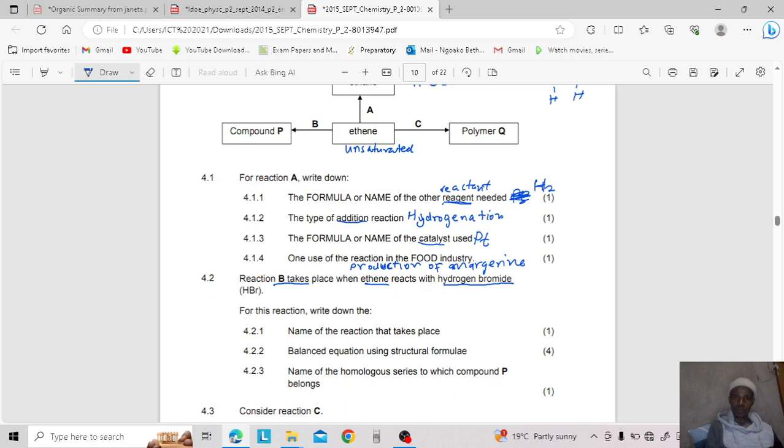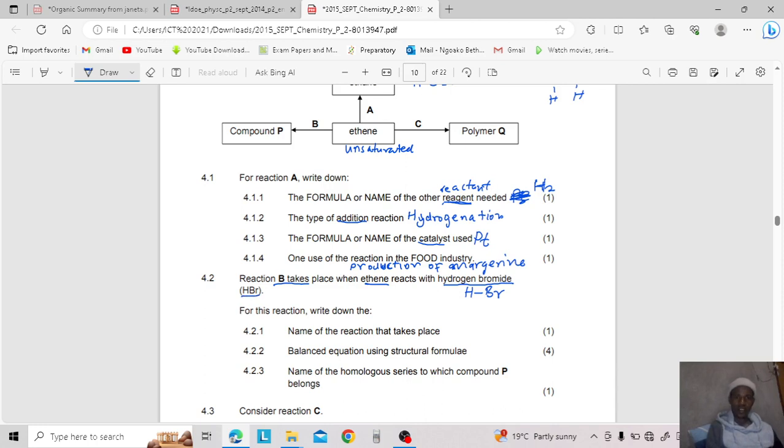Right, then reaction B takes place, it reacts with hydrogen bromide. So what is hydrogen bromide? It is hydrogen bonded to Br. That's what we have here for this reaction, which is written here, HBr.